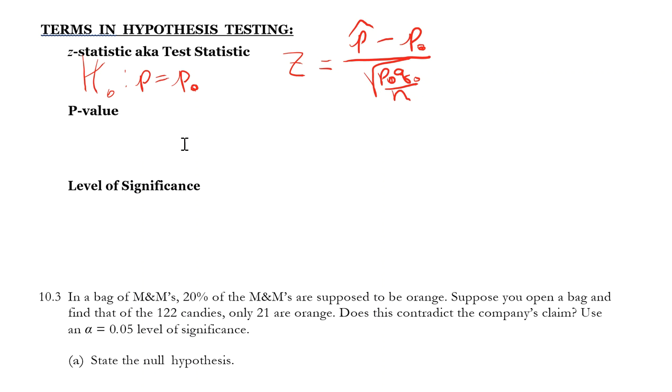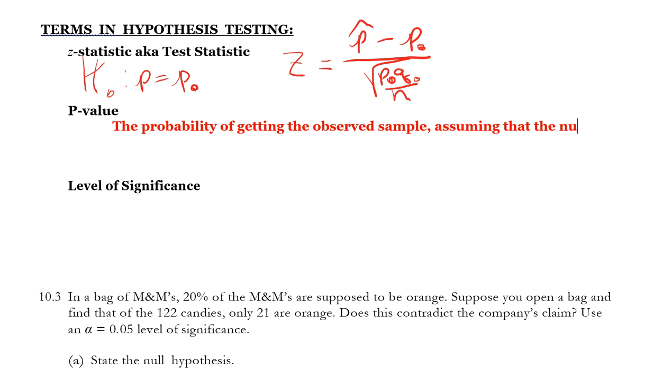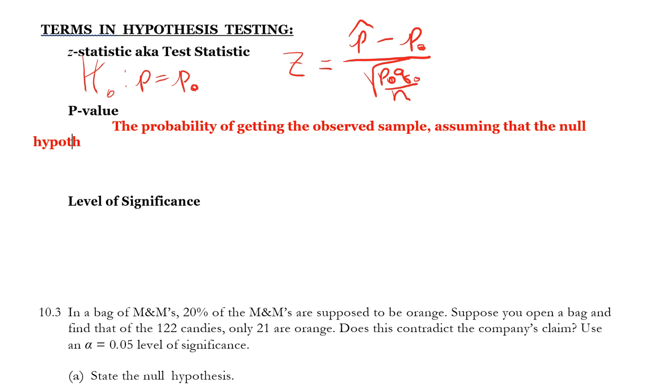So the p-value is the probability of getting the observed sample, assuming that the null hypothesis is true.